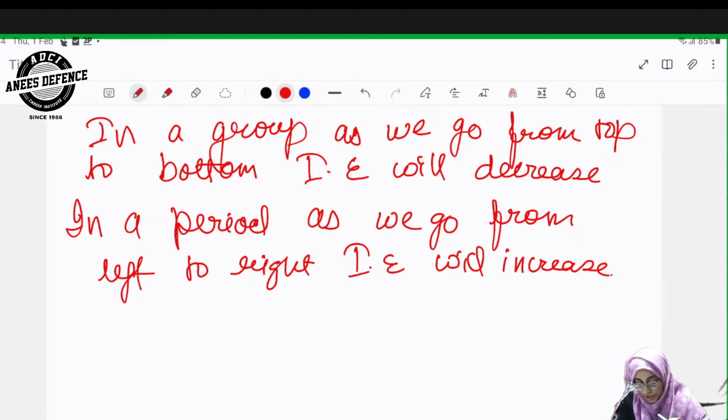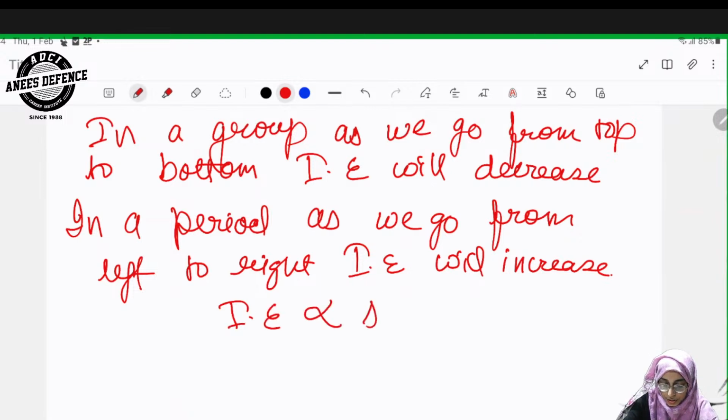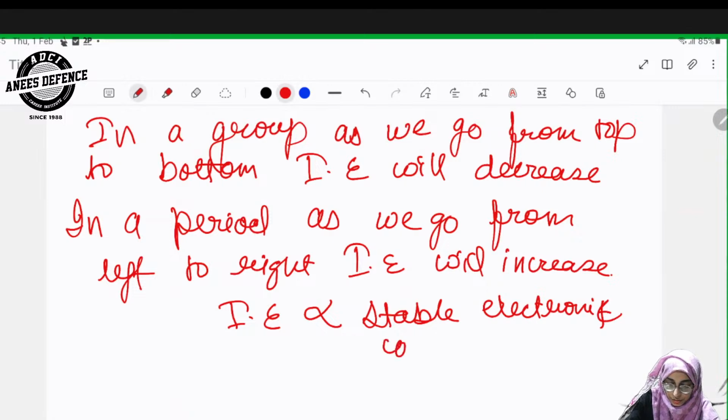Every element wants to attain a stable electronic configuration. So if they already have a stable configuration, taking out the electron is difficult, so ionization energy will increase. So we can say that ionization energy is directly proportional to the stable electronic configuration.